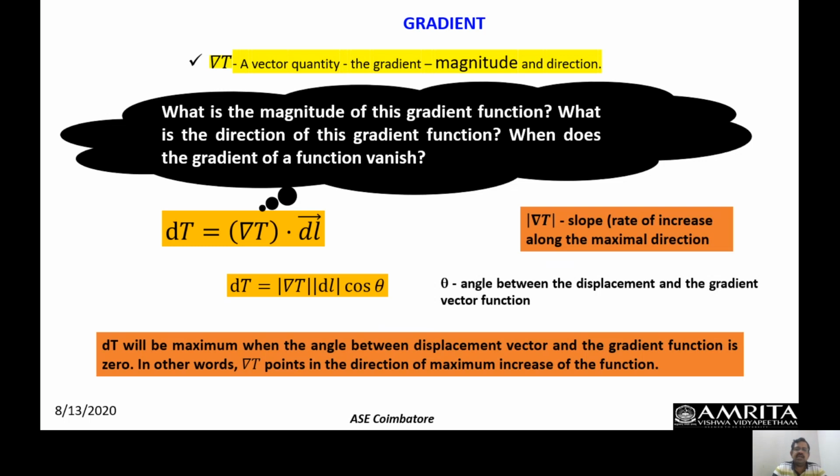The problem that we saw in the last class was about locating the top of the hill and also the height of the hill itself.